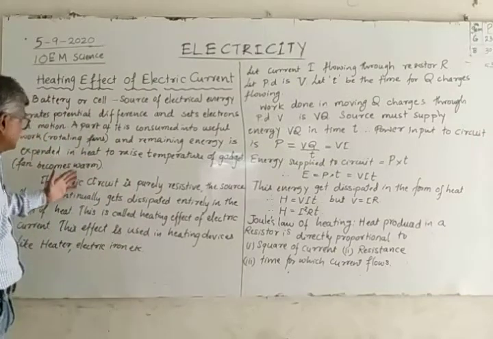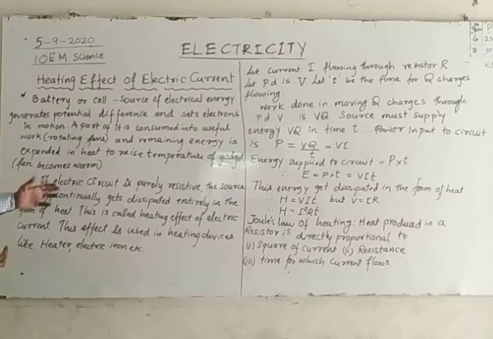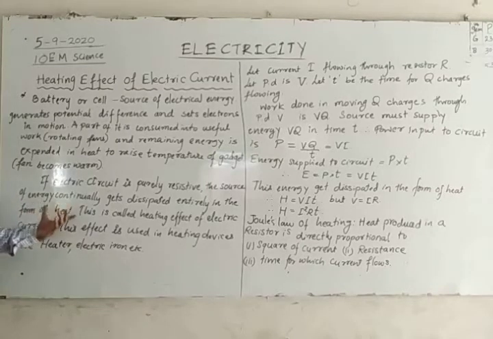If an electric circuit is purely resistive, meaning the resistance is high, then what happens? The source of energy continually gets dissipated entirely in the form of heat.